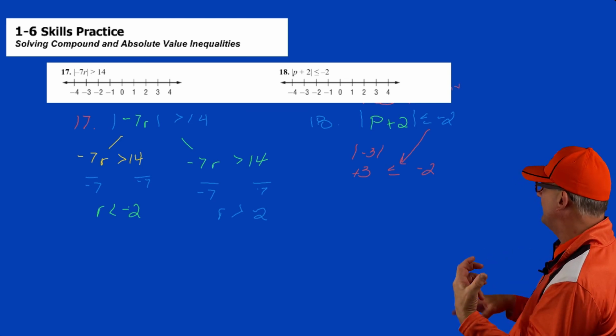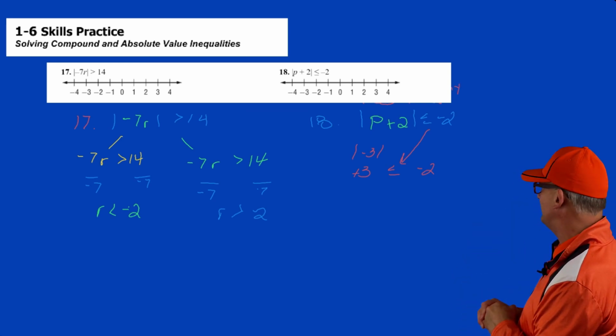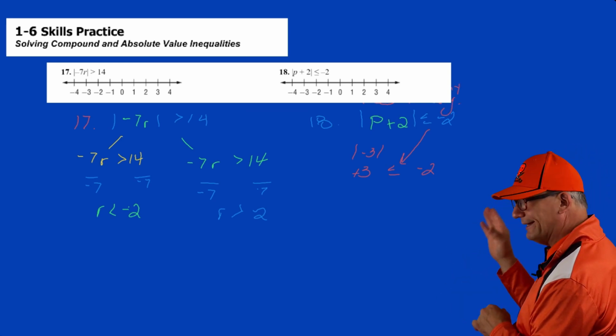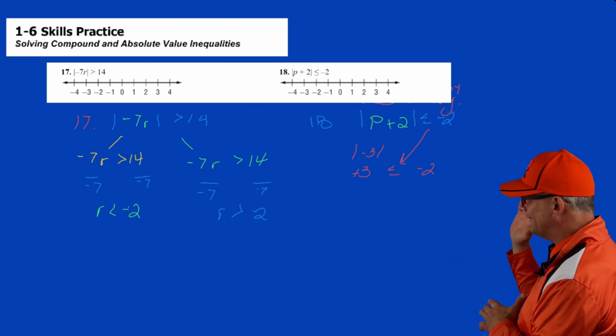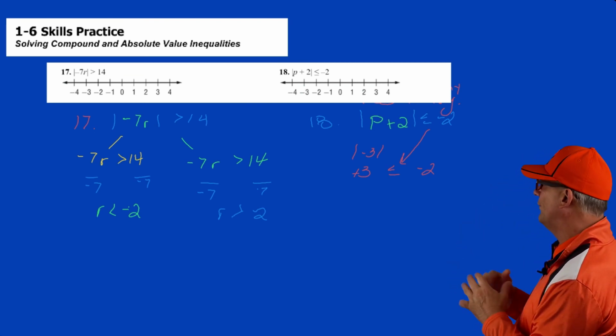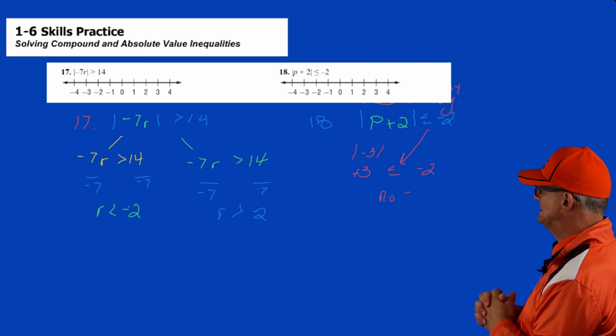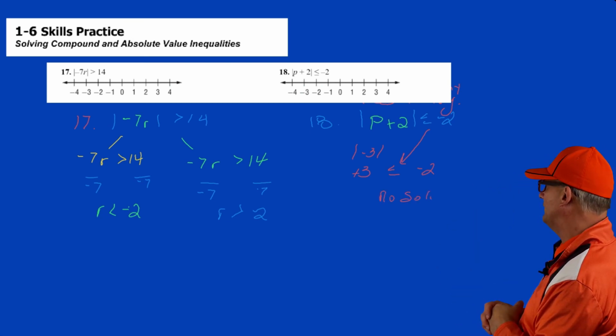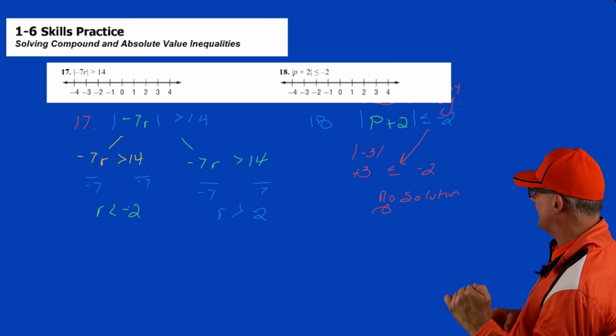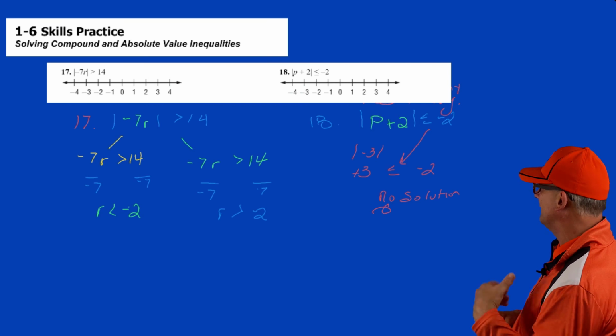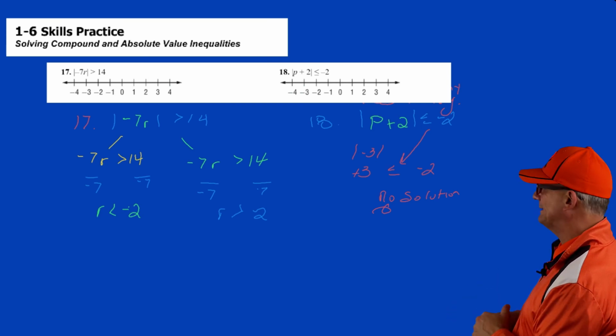It's the only time that this absolute value inequality is no solution is when it is less than, not equal to, but less than a negative number. There's no way for that to happen, because absolute value makes everything positive. So this is actually no solution, number 18. Okay? And not because of the equal sign, because less than. It can be equal, but it can't be less than.